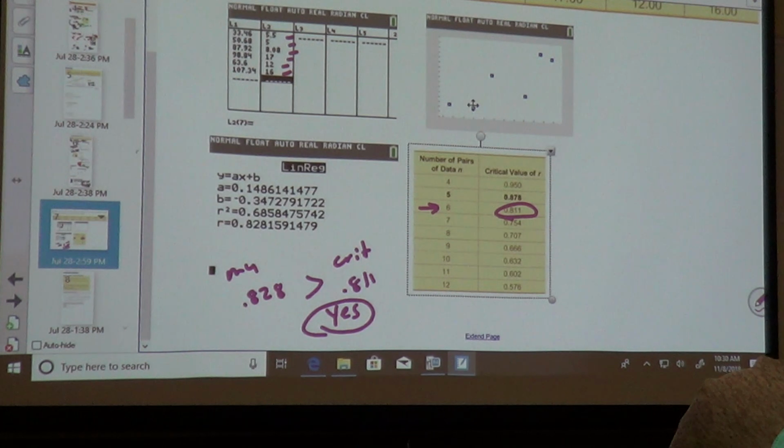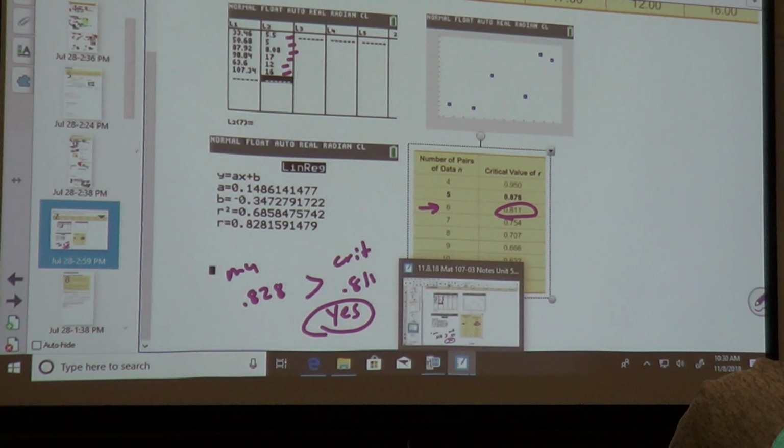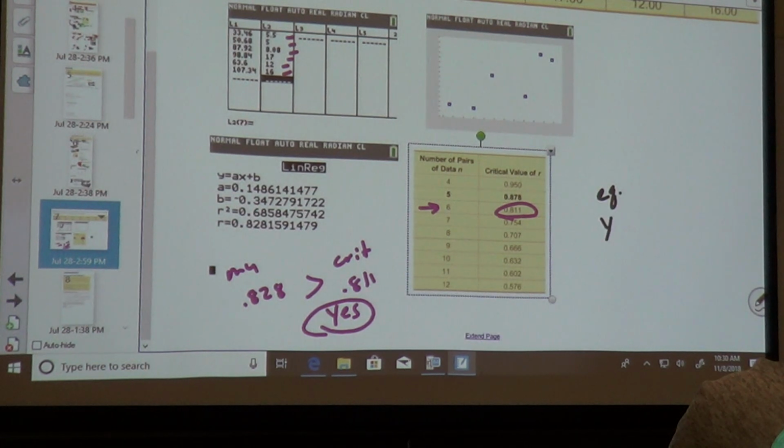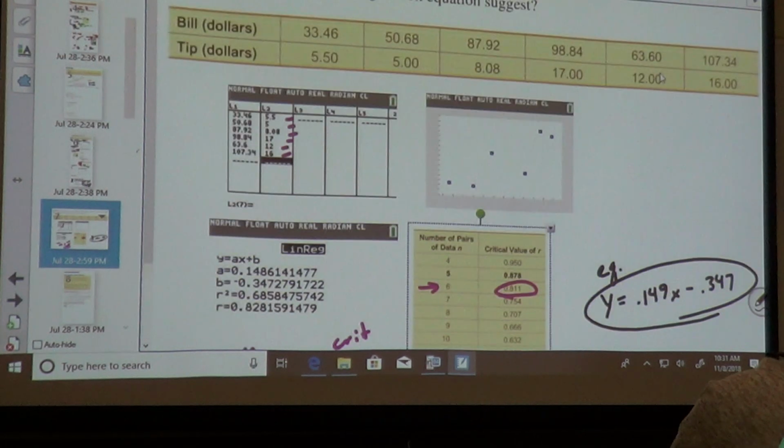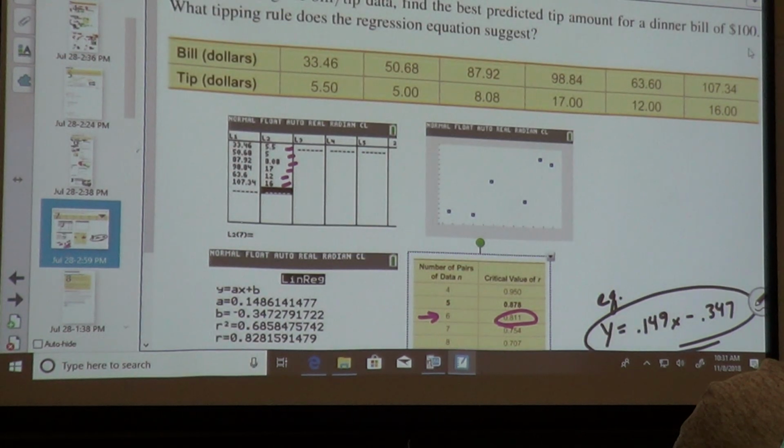So we typed it in, we've looked at it, we've worked it out, we've determined the R value. If I want to know, my equation would be 1.49x minus 0.347. Cool? Now, they want me to do a prediction of $100. Well, before I can do my prediction, I've got to suck over that equation.